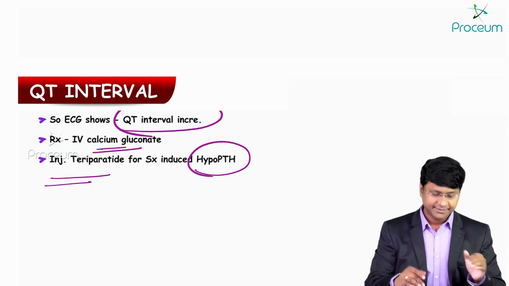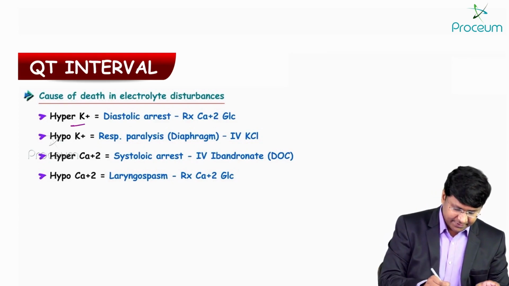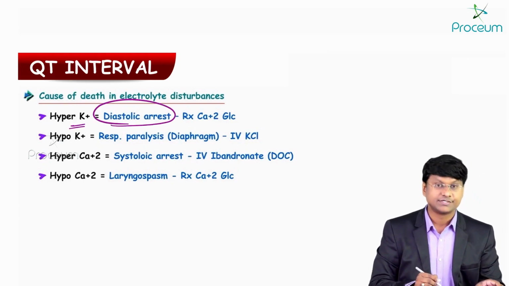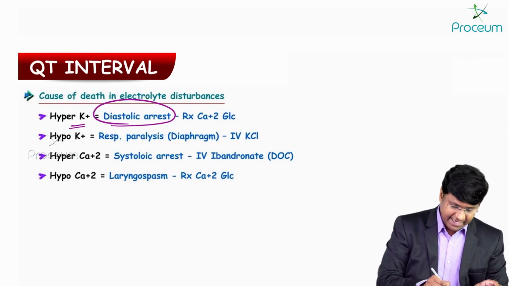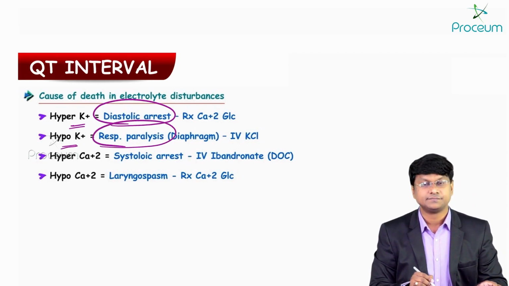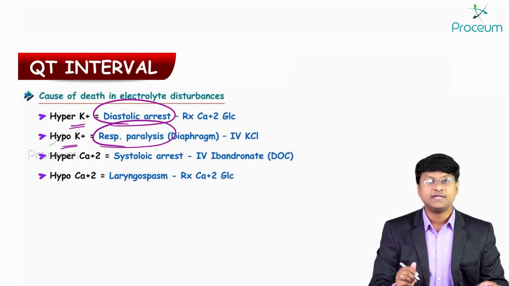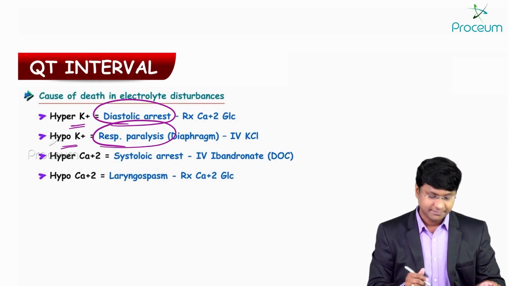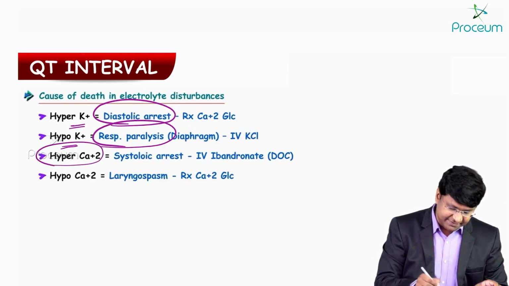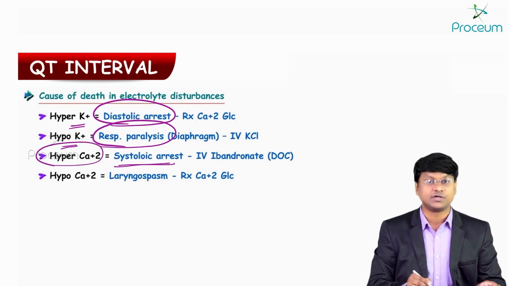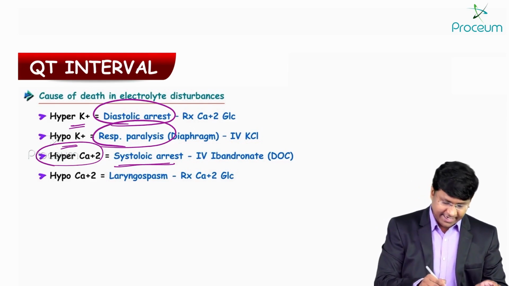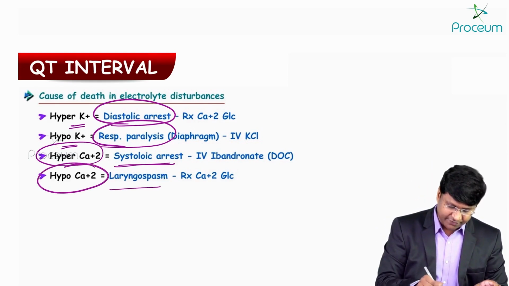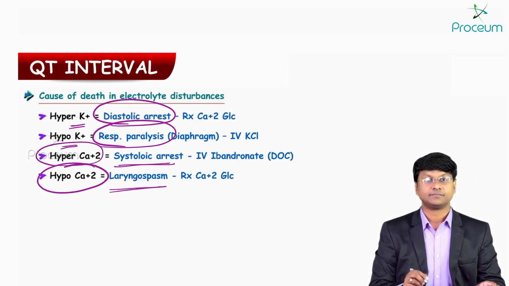For example, in hyperkalemia, the cause of death is diastolic arrest. In hypokalemia, the cause of death is respiratory paralysis, where the individual will have diaphragmatic palsy secondary to hypokalemia. In hypercalcemia, the cause of death is systolic arrest, and in hypocalcemia, the cause of death is laryngospasm.